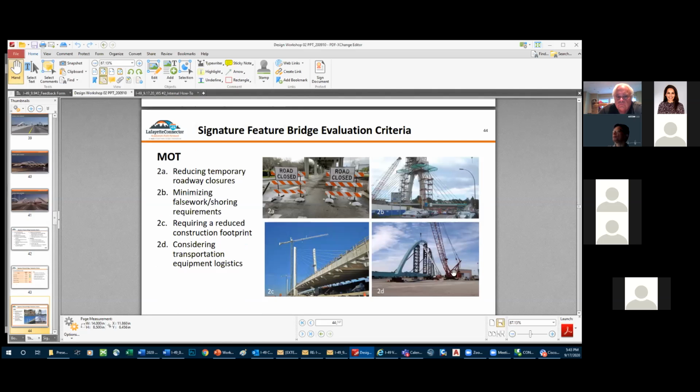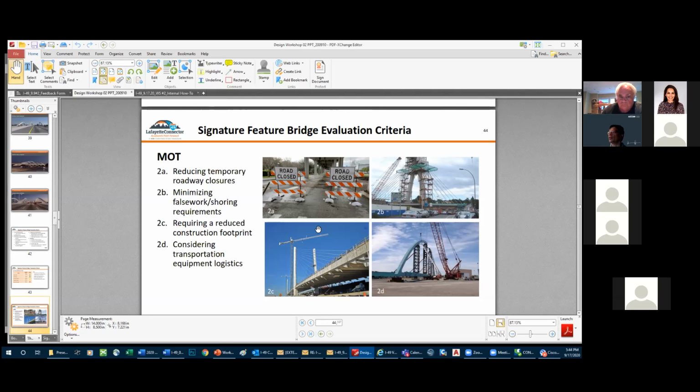In terms of the maintenance of traffic, the evaluation criteria essentially look at how much road closure is needed, and at any given time how many of these falsework elements, which are the temporary supports, would occupy space and affect the traffic pattern, so that traffic is carried safely around them without accidentally hitting the falsework. Then there is the footprint.